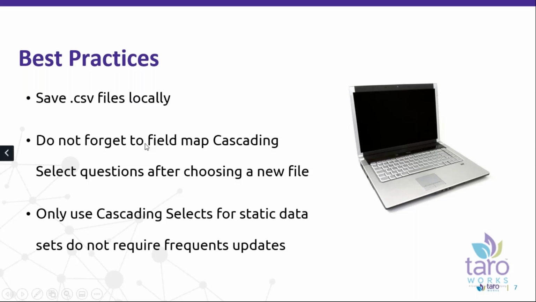Number two, you should never forget to field map Cascading Select questions after choosing a new file. Then finally, you should only use Cascading Selects for static data sets, that is, for data that does not require frequent update.